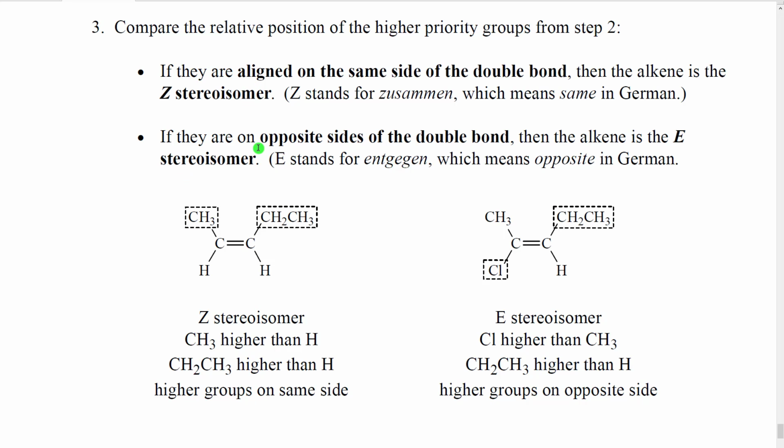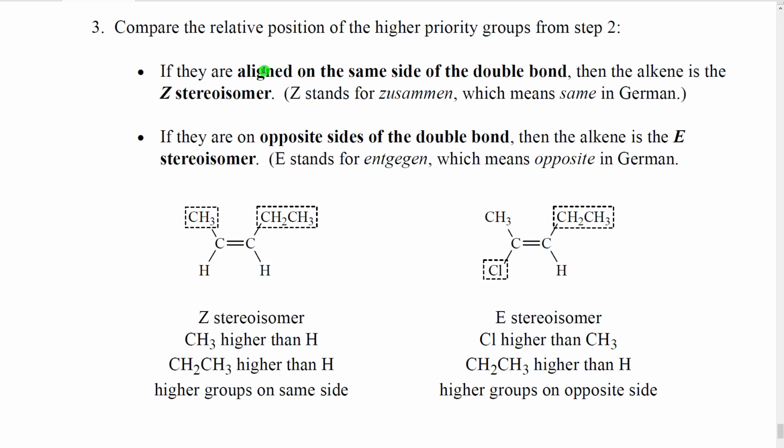Now, Z and E actually stand for German words because the scientists who invented this system were German. And in fact, if we spoke German, this would be a super easy system to remember because Z, which is the designation when they're on the same side, stands for zusammen, a German word which means same or together in German.